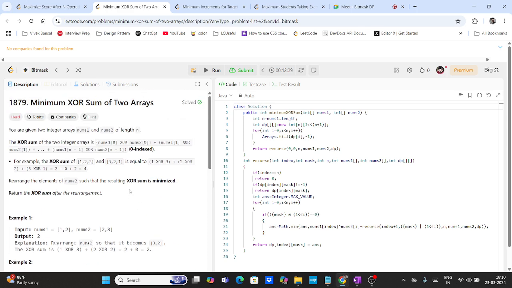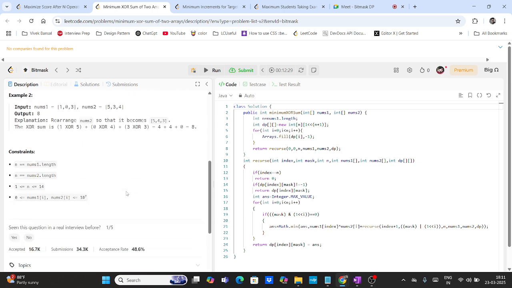Now what we do in this kind of problem is we scroll down and see the constraints. If you see, the constraints are up to 14. Whenever you see constraints like this, there should only be two things coming to your mind. First being bit masking. Second being, is it meet in the middle?